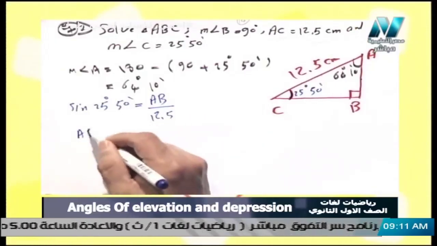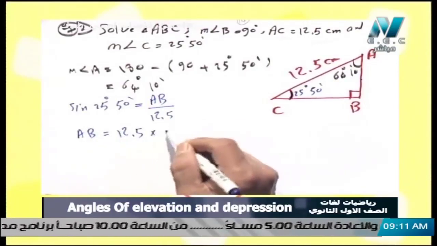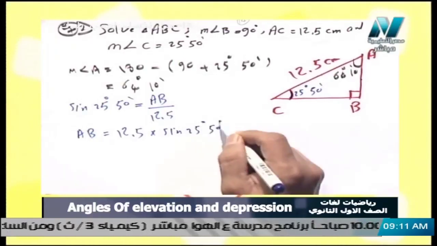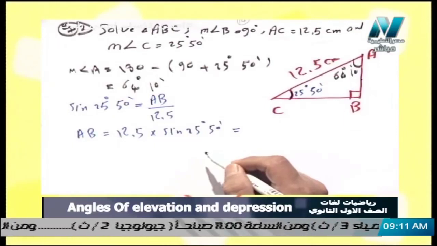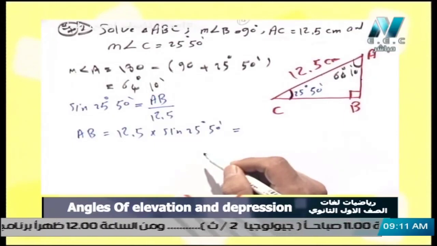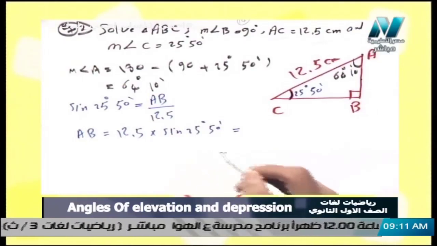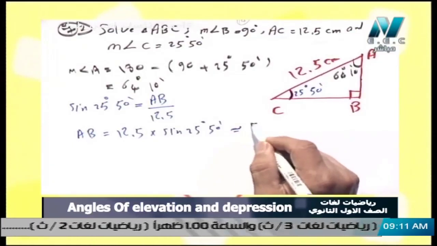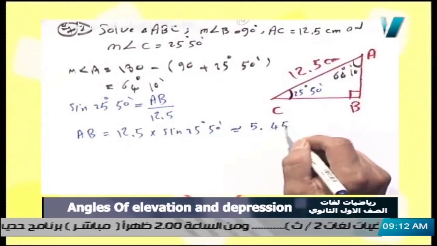So AB will be equal to 12.5 times sine 25 degrees 50 minutes. You can use your calculator, and the answer approximately equals 5.45 centimeters.